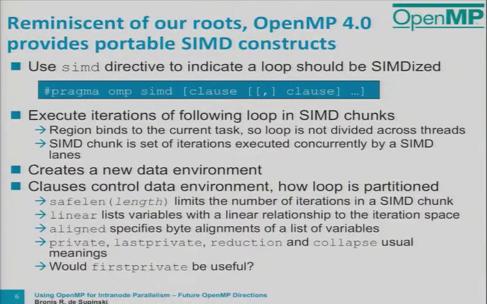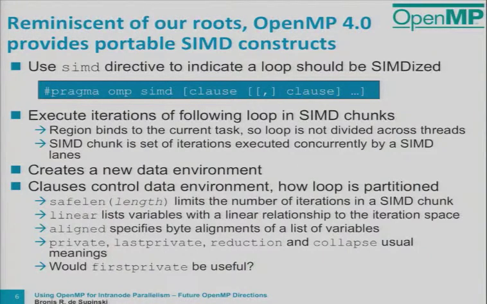So for instance, if you know that your loop has some dependencies that mean you don't want to chunk it up in anything larger than a certain size, then you can say, all right, this is the maximum size of the SIMD chunk that you should use. The compiler may choose to use a smaller SIMD chunk depending on what size device you have.